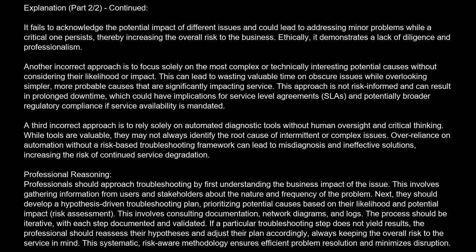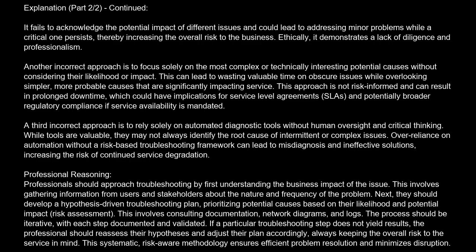Professionals should approach troubleshooting by first understanding the business impact of the issue. This involves gathering information from users and stakeholders about the nature and frequency of the problem. Next, they should develop a hypothesis-driven troubleshooting plan, prioritizing potential causes based on their likelihood and potential impact, risk assessment. This involves consulting documentation, network diagrams, and logs.